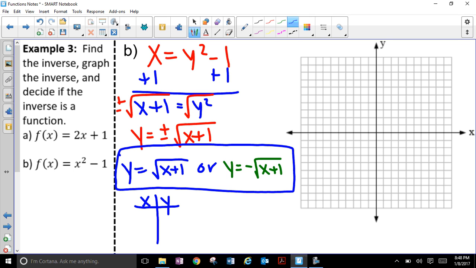So these square root ones work the same as all of the others. Since this plus 1 is under the square root, it's very similar. Remember, if I were to have x plus 1 in parentheses squared, when we're doing all that shifting, what did that mean? It means we shift it 1 to the left.